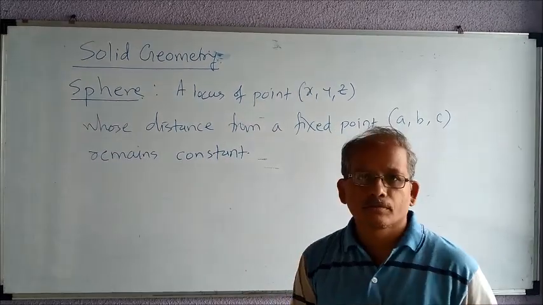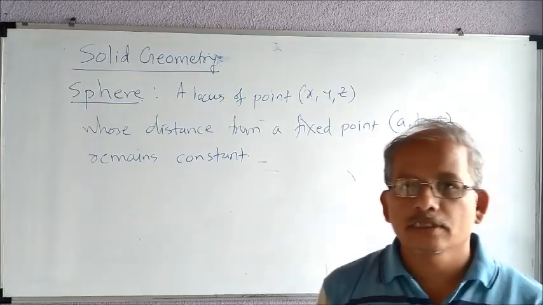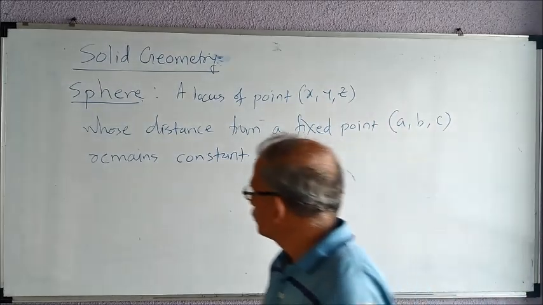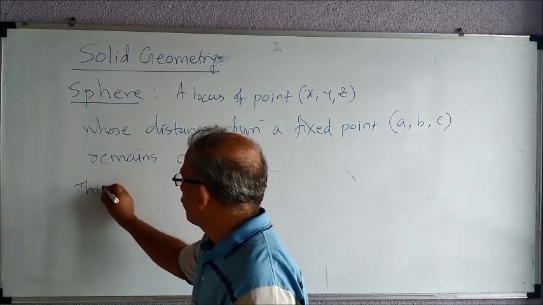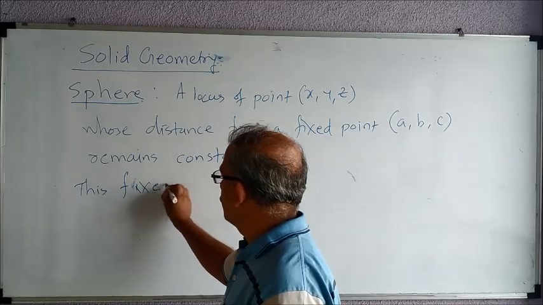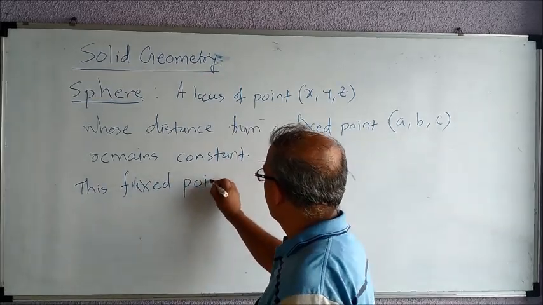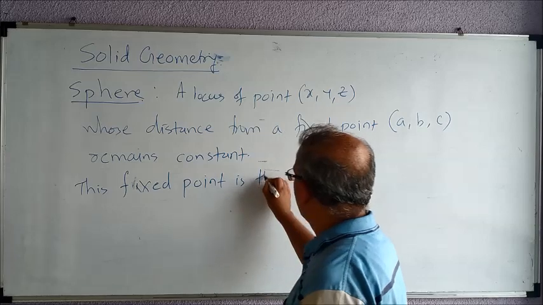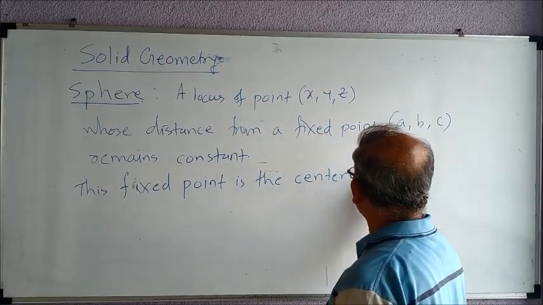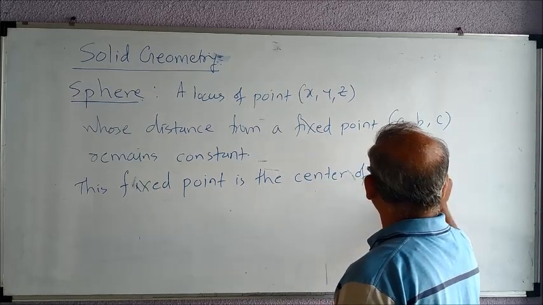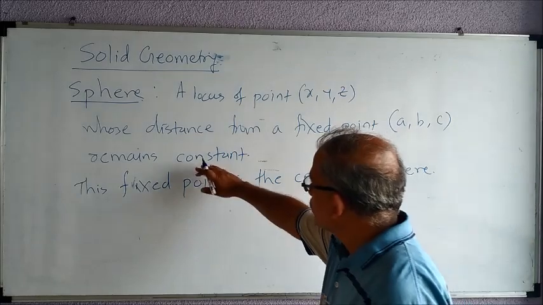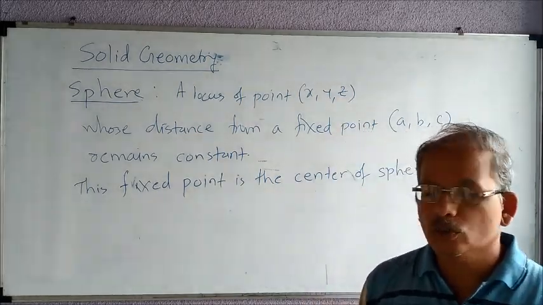This fixed point is called the center of the sphere, and this constant distance is called the radius of the sphere.